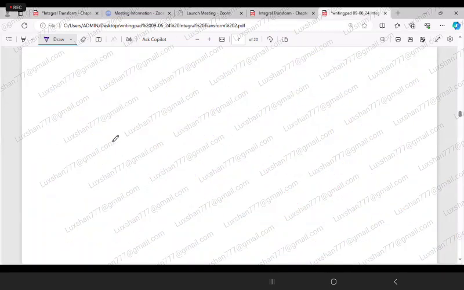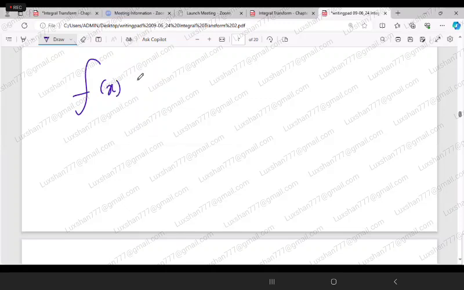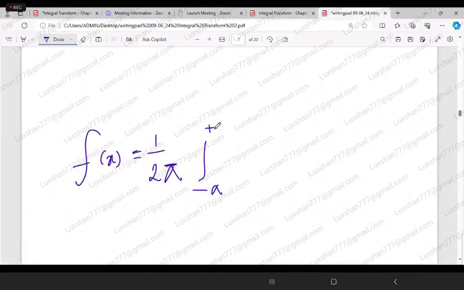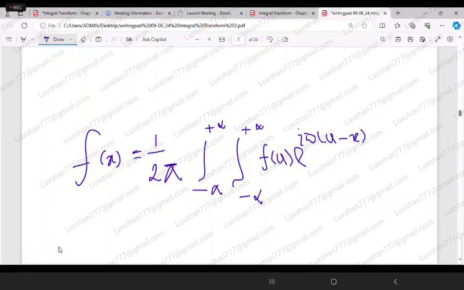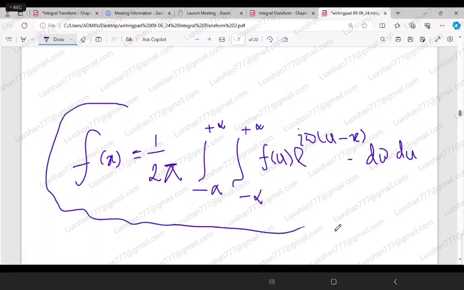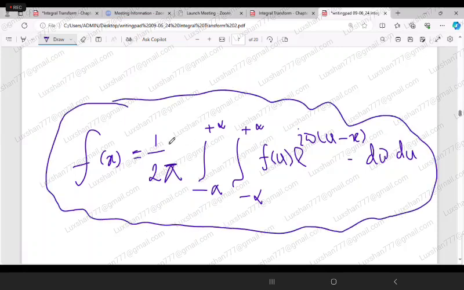Therefore, this one is called f(x) equals 1 over 2 pi, integration from minus infinity to plus infinity, f of u e to the power i omega (u minus x) d omega du. We call this the Fourier complex integral.